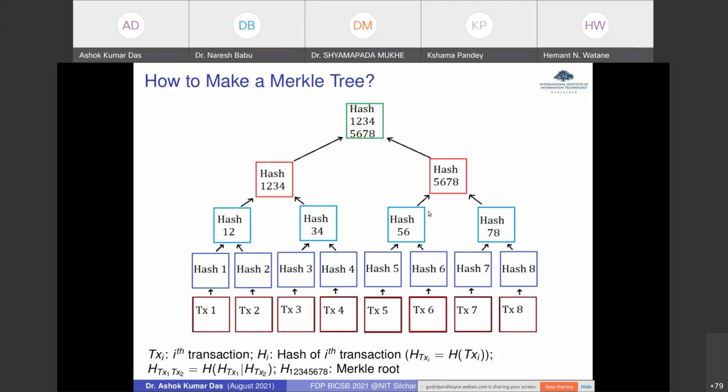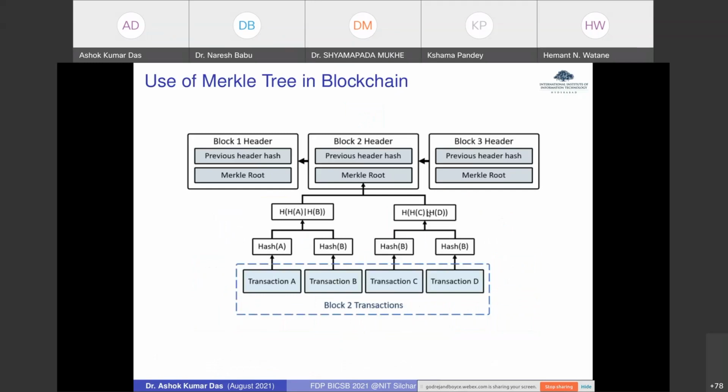Now, in the case of a blockchain, let us take a very simple example. Suppose we currently have a blockchain with three blocks: block 1, block 2, and block 3. Suppose block 2 has the four transactions A, B, C, D. We compute the Merkle root and store it in block 2.